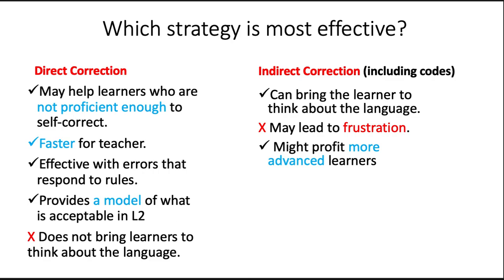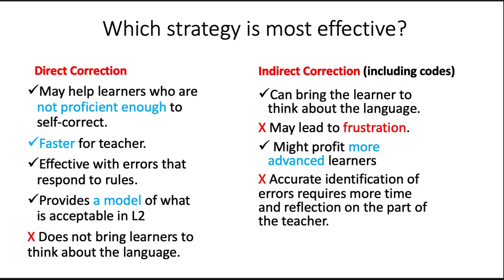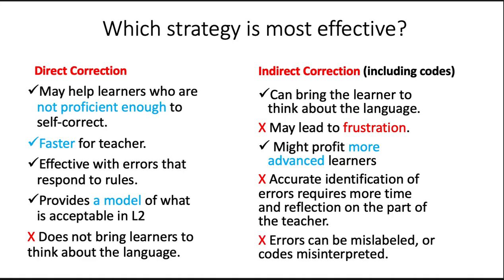So this might be a strategy that's best for more advanced learners who have metacognition and resources in place to help them figure it out. The other problem with indirect correction is that it requires more time and reflection on the part of the teacher because you may just not know what the mistake actually is. You may not have understood what the learner was trying to say. We'll have a look at this in a second.